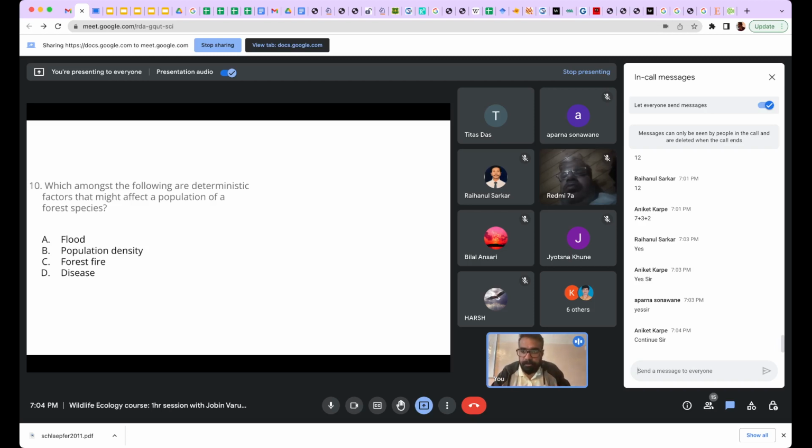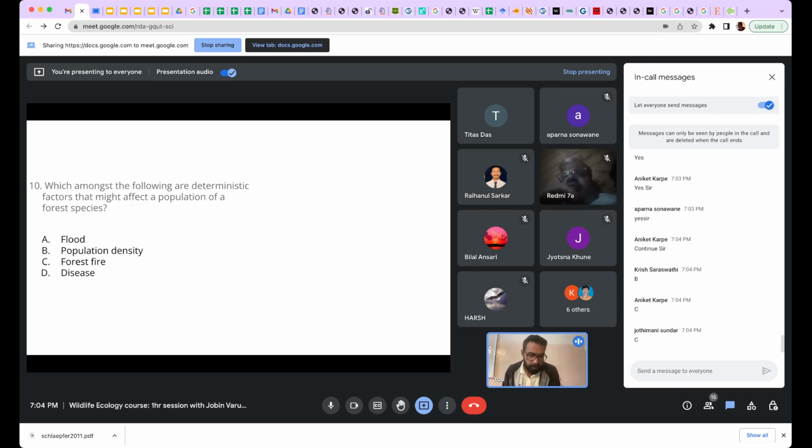Which amongst the following are deterministic factors that might affect the population of a forest species? Okay, deterministic. The sir was talking about stochastic and deterministic. So basically stochastic is something that happens by chance.